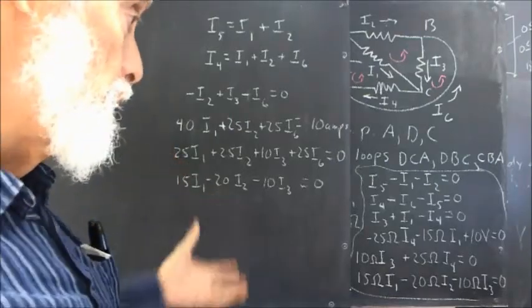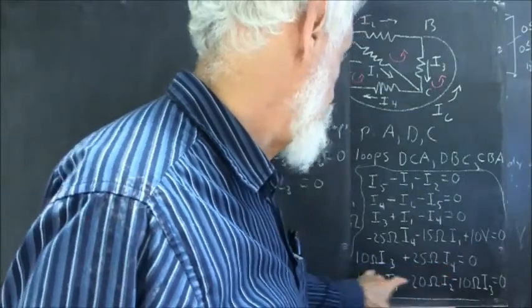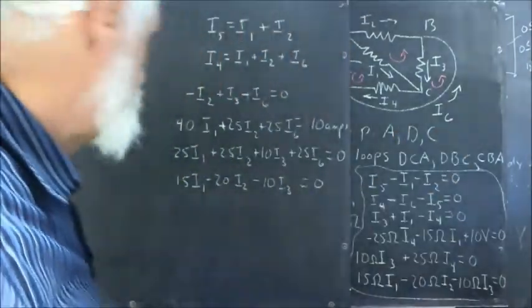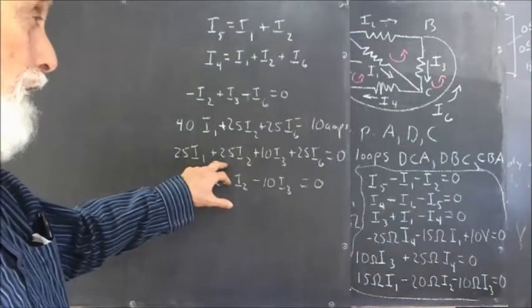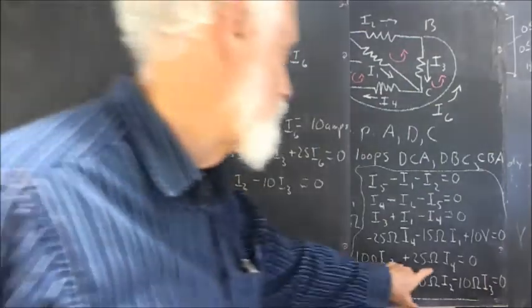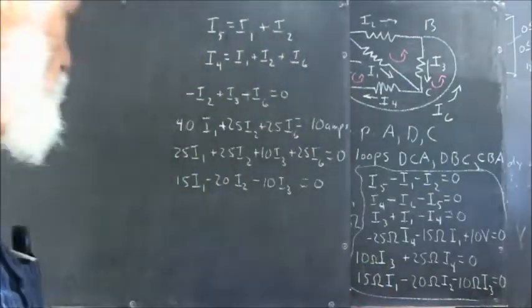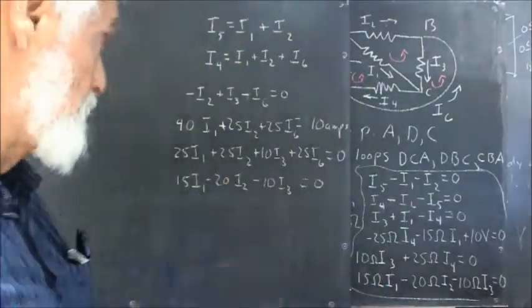In the next equation, we have I4 again, and we got a 25 I4 divided by the ohms. And that's going to give me 25 I1, 25 I2, 25 I6, and the 10 I3 that I have here.